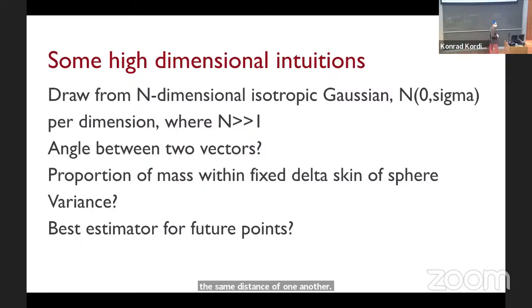Again, why does it matter for neural networks? It kind of means that any 2 things that I learn in a way have the same distance from one another. In low dimensional spaces, that is much less the case. Now, all the things that I told you are before a network picks up structure.